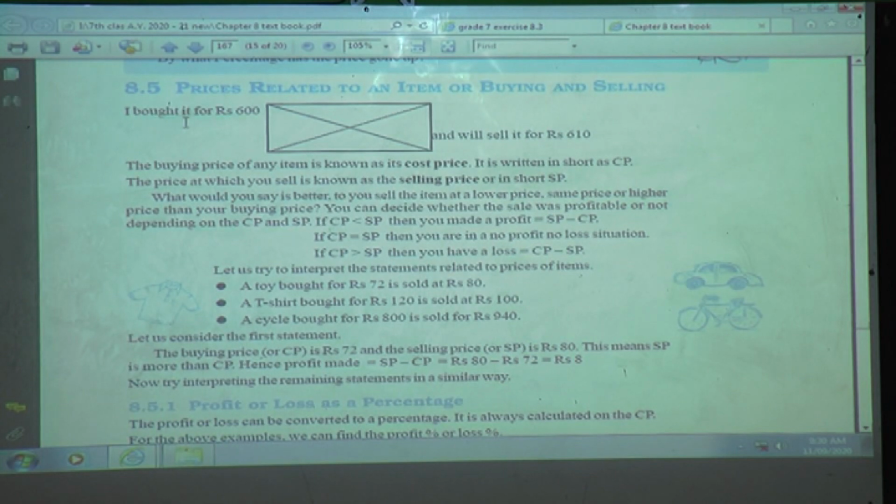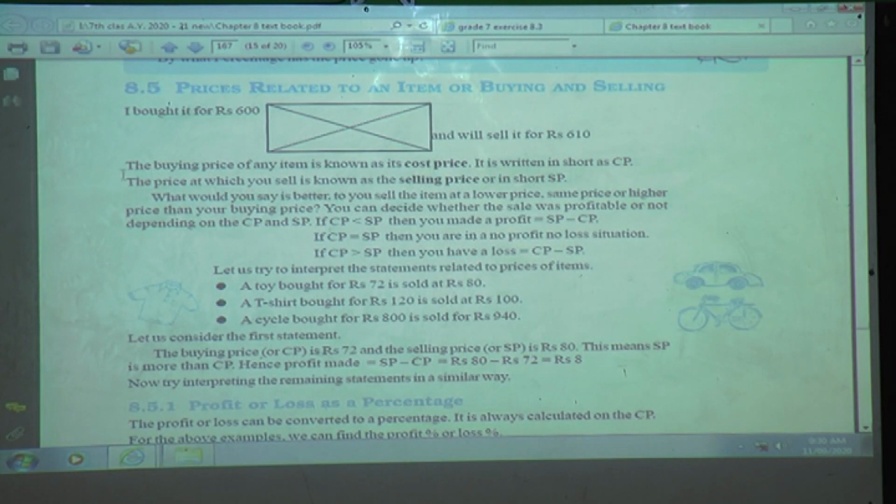I bought it for rupees 600 and will sell it for rupees 610. Bought means cost price. So I bought at 600 rupees and I am selling at 610 rupees. We have to see whether it is a profit or a loss.